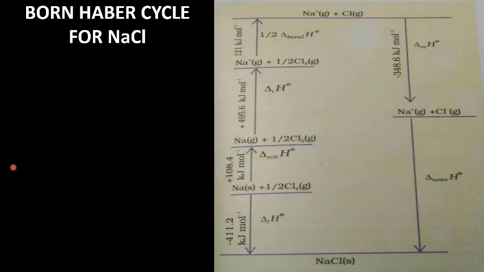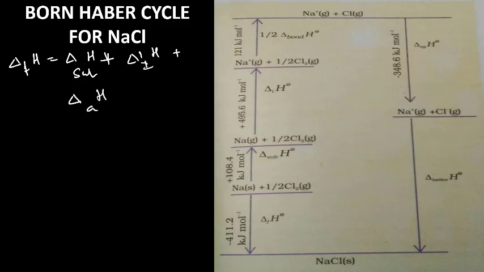Therefore, we write once again here: enthalpy of formation is equal to enthalpy of sublimation plus ionization enthalpy plus enthalpy of atomization for chlorine plus electron gain enthalpy plus finally lattice enthalpy.